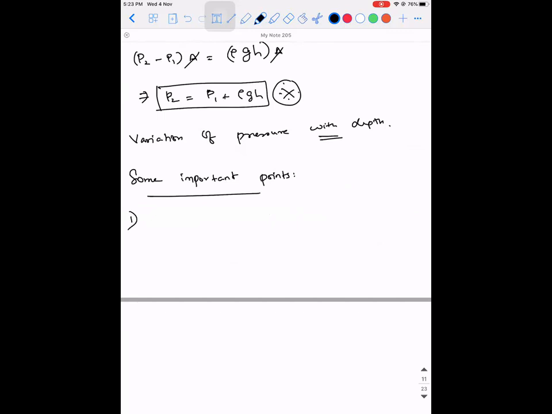First, liquid pressure is same at all points at same horizontal level, or I can call it same depth. Make a note. First point.